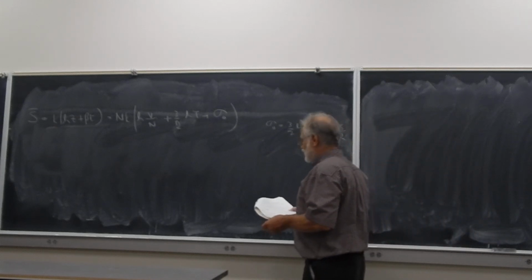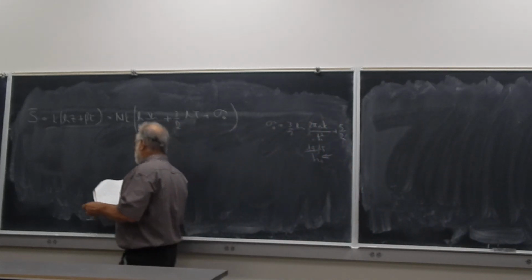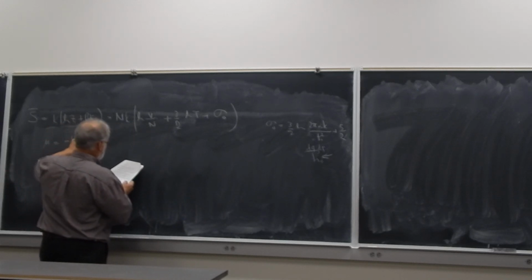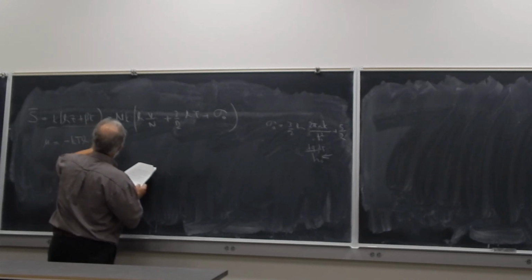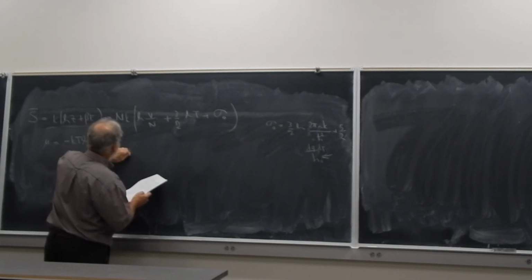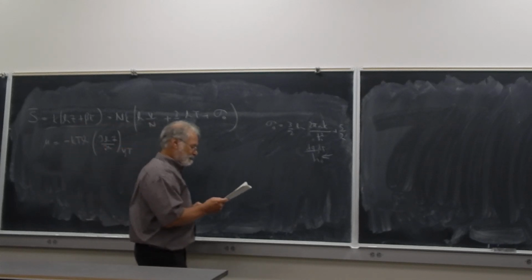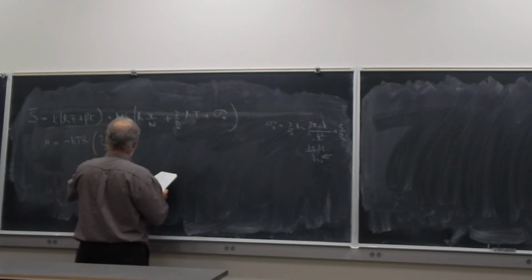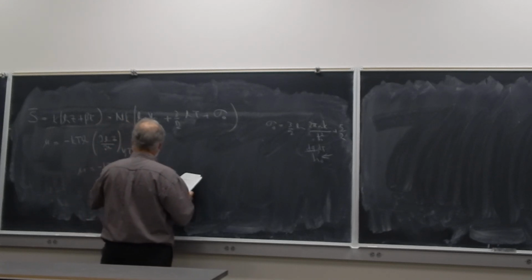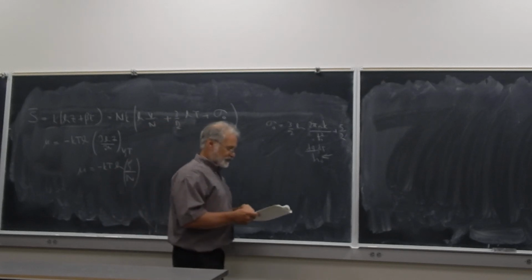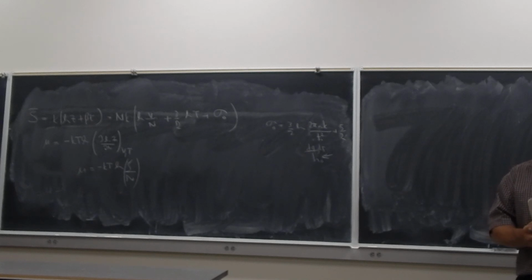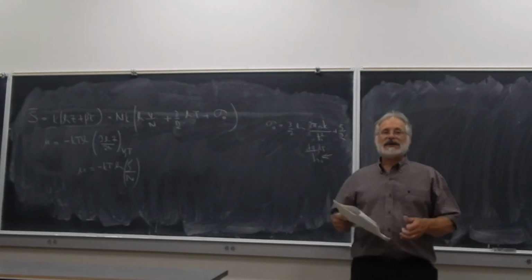And this is going to be important in dealing with phase changes, because we can write our chemical potential as minus kT times the partial of log Z with respect to N at constant volume and temperature. And therefore, I can write this as minus kT times log of Z over N. So these are really nice quantities that we get from using quantum statistics even at the classical limit.